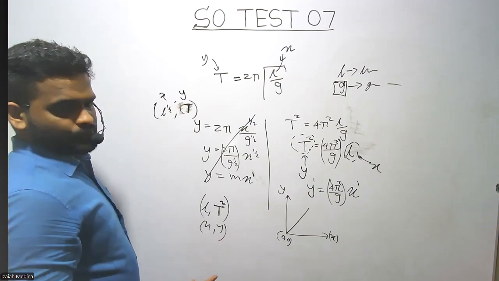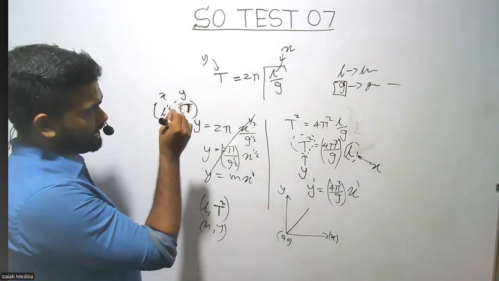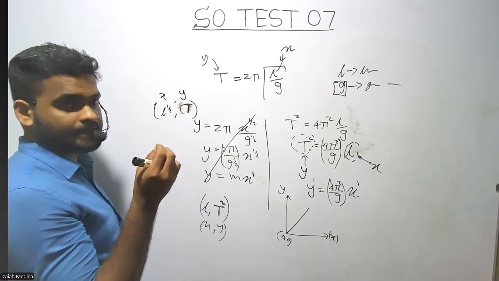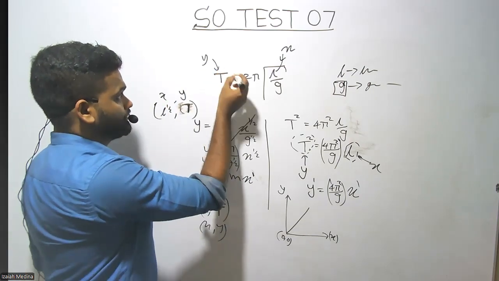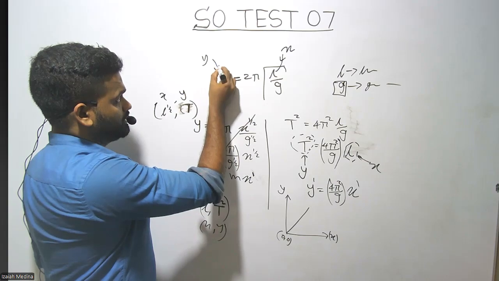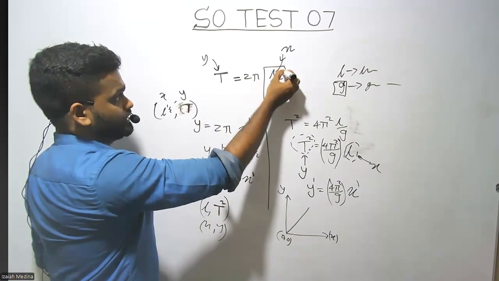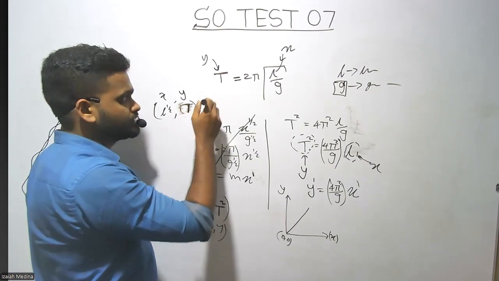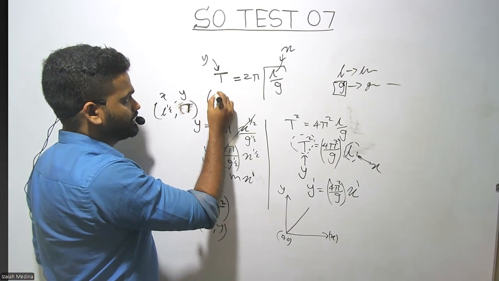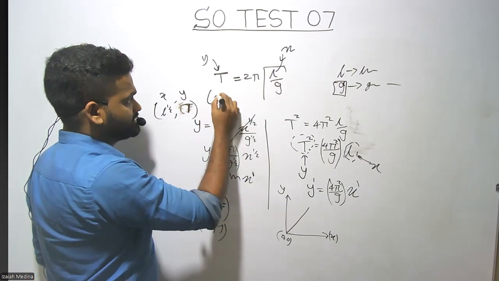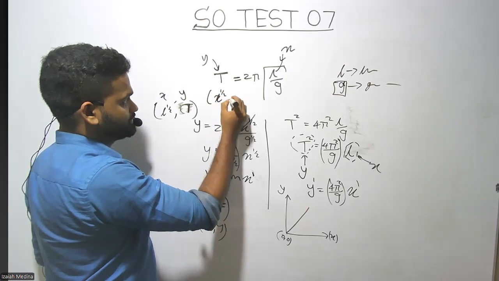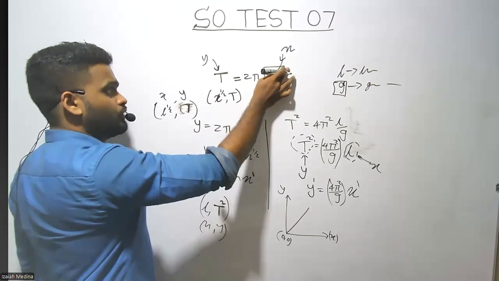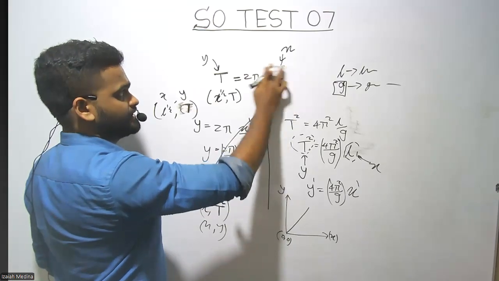There's another way as well, but since you have to find the square root, it will be somewhat complicated. Let's say you take y as capital T and x as root L. This answer is also correct. For the whole root L, you can substitute x there.